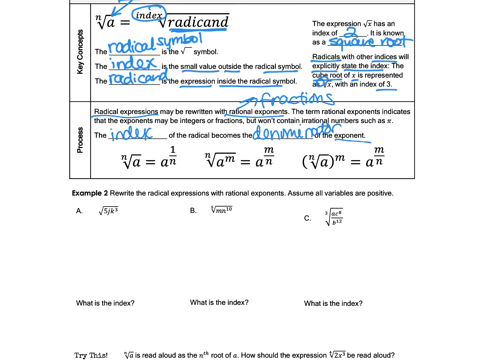What I like to do is when I have a radical and I change it to a rational exponent, I just move the index out in front, and that becomes my denominator. So for example, see that n gets moved to the denominator, and that m stays in the numerator. So my index always becomes the denominator of my exponent. The exponent stays as the numerator.